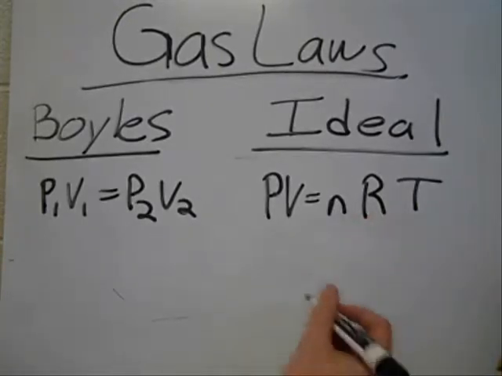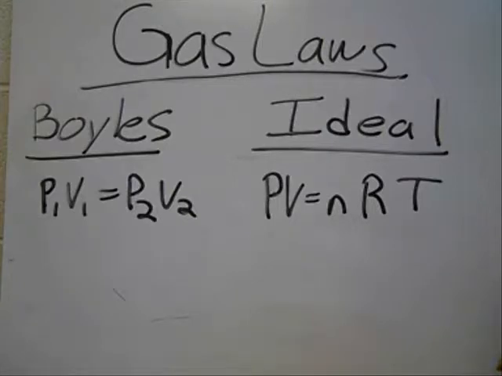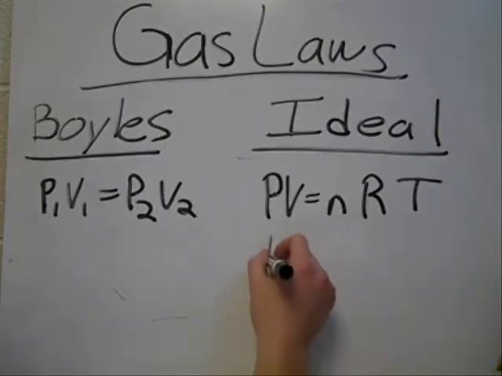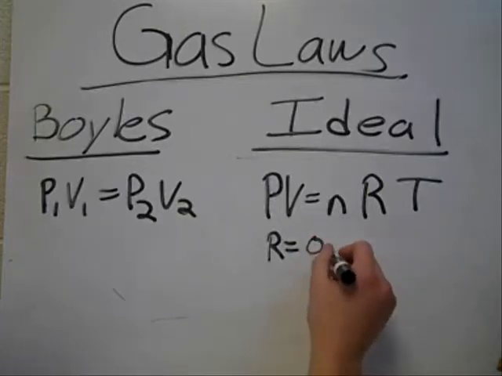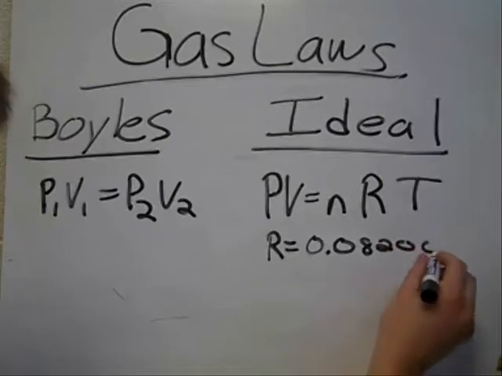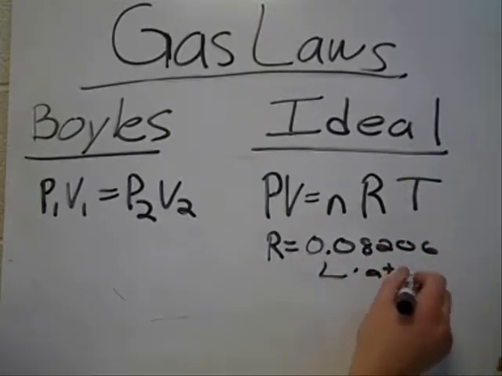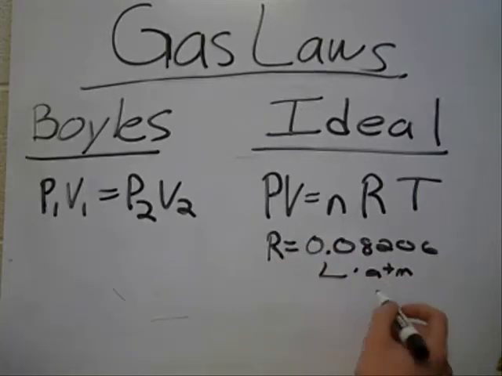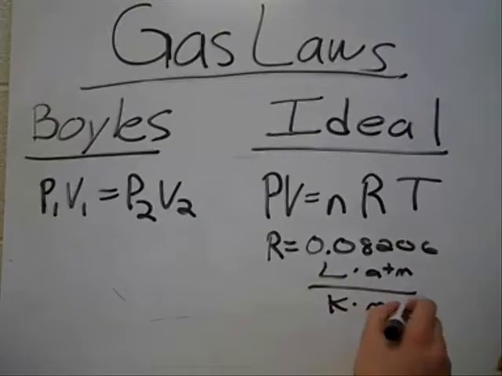And this constant is, I don't know if Mrs. Weber wants you to memorize this or not. I don't think so. But R is equal to 0.08206 liters times ATM, atmospheres, which is a unit of pressure, all over Kelvin moles.